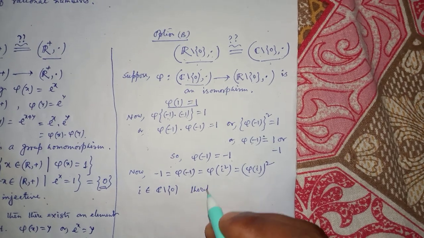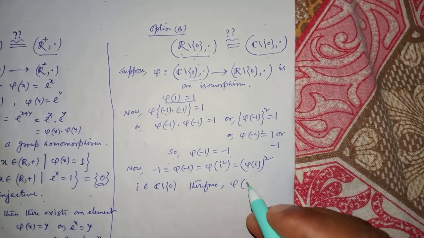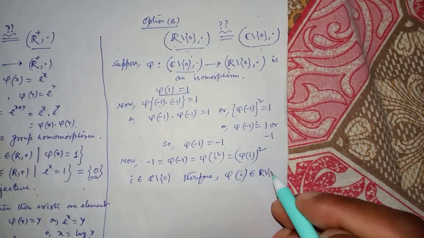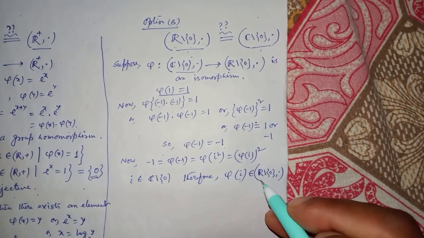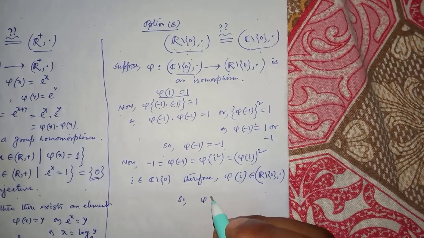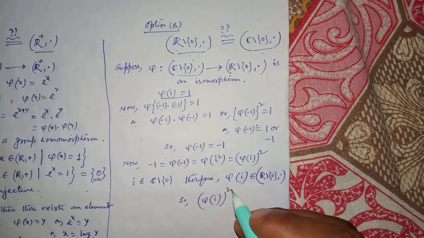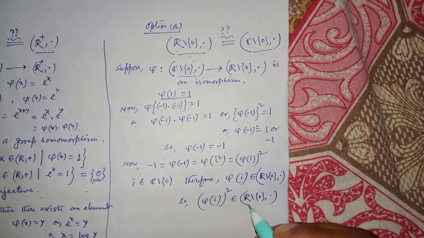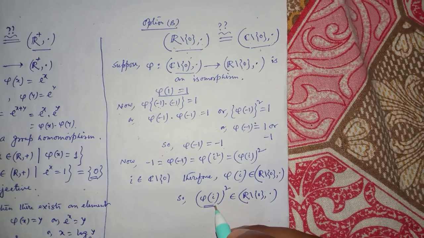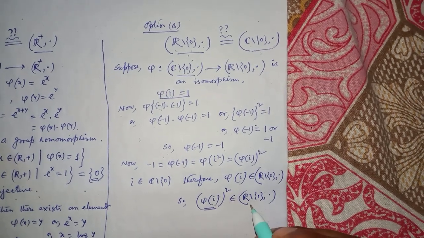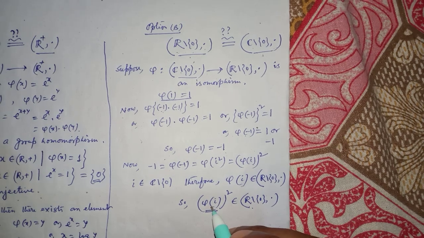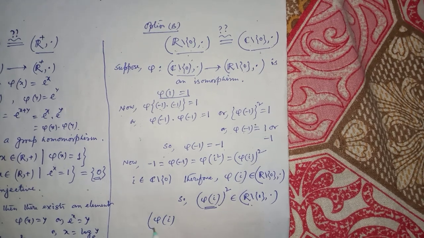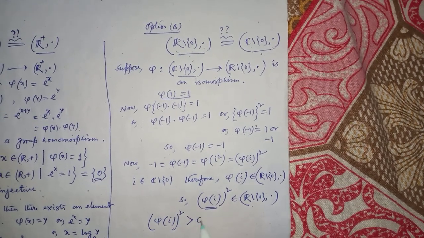Therefore phi of i belongs to R minus 0 with respect to multiplication. So phi of i square belongs to R minus 0 with respect to multiplication, since phi of i is a real number and the square of a real number must be positive.